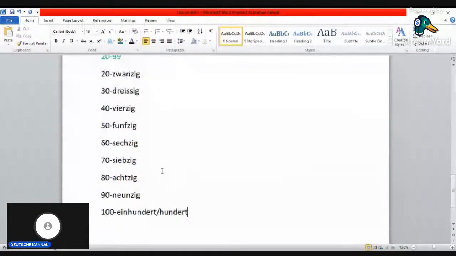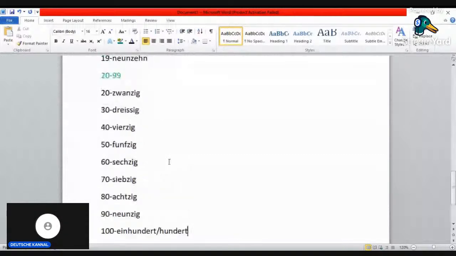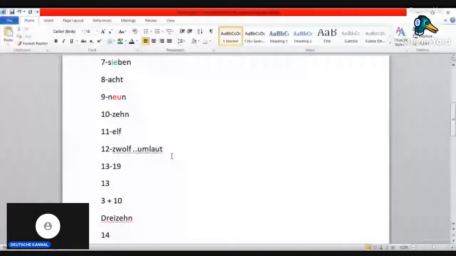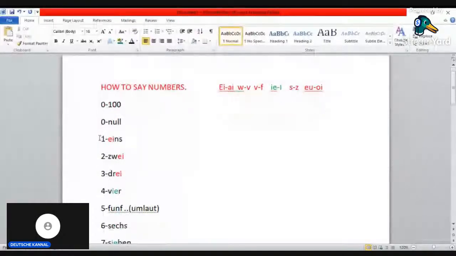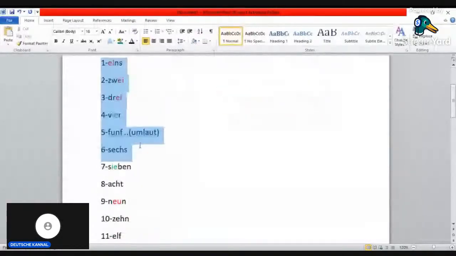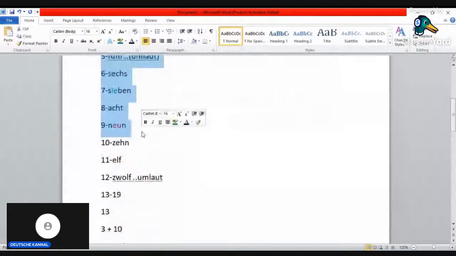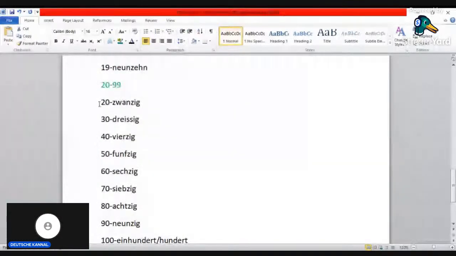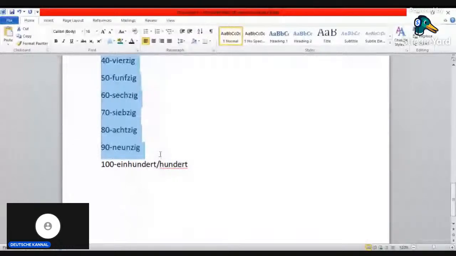So from number 20 to 100, there is a pattern. It is important for you to know from 1 to 9, then from 20, 30, 40, 50, 60, 70 to 90, so that it is easier for you to learn, because the numbers are so easy.